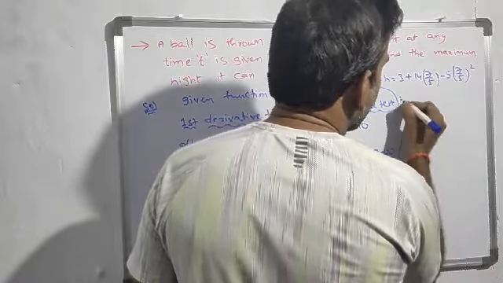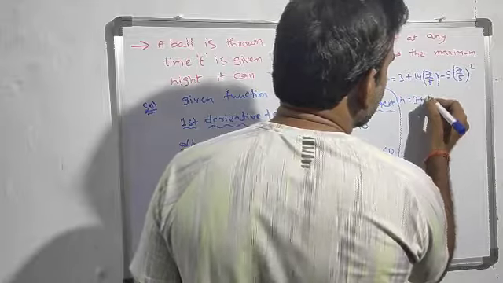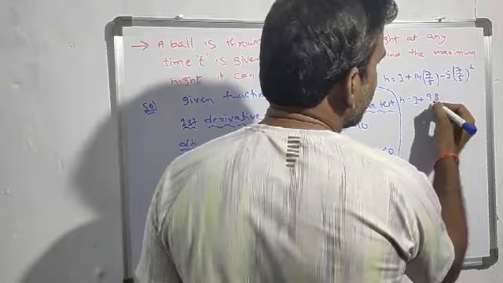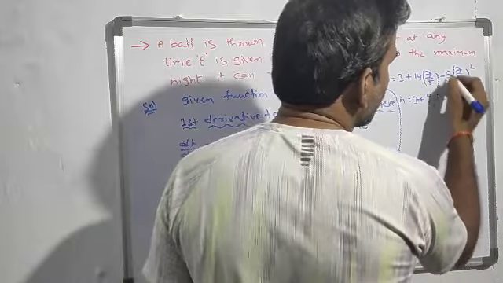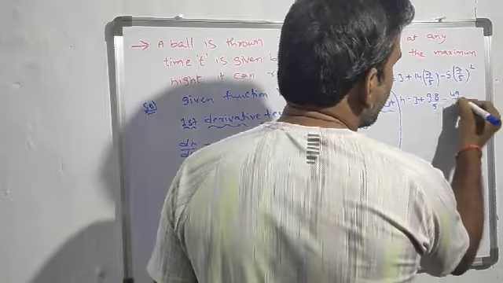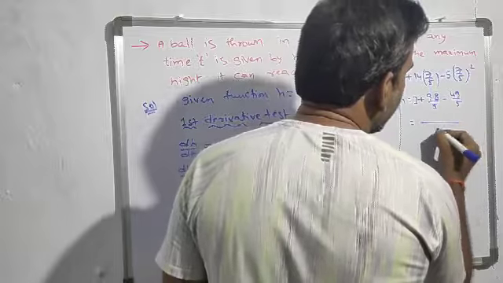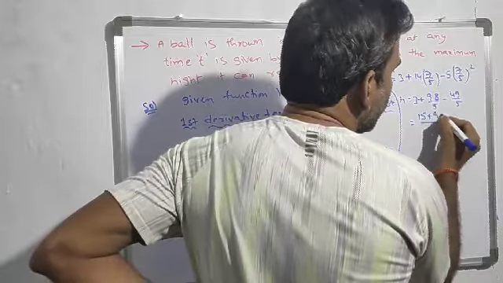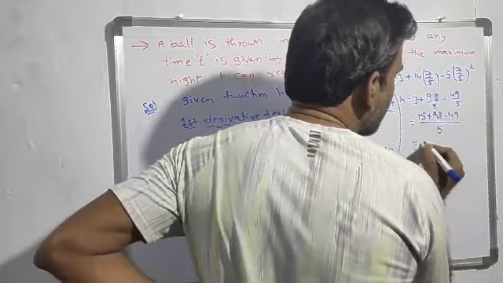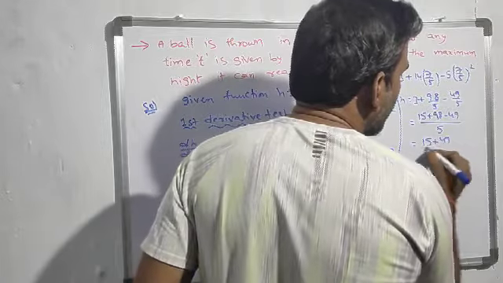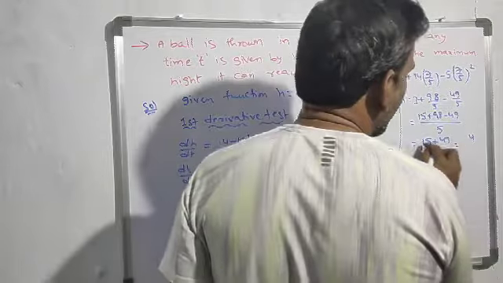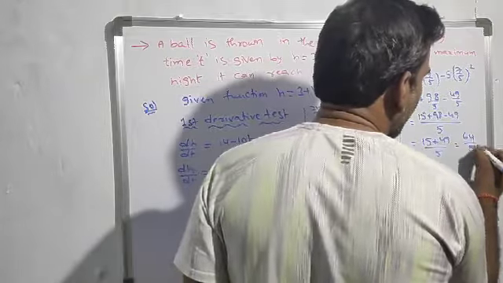So h equal to 3 plus 98 by 5 minus 49 by 5, where the 5s cancel. Taking 5 as the LCM, 15 plus 98 minus 49, so 15 plus 49 by 5, which is 64 by 5.